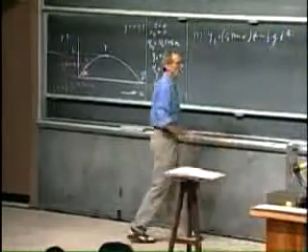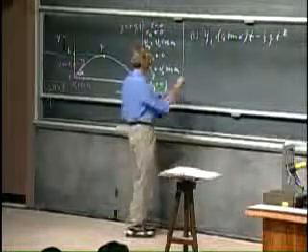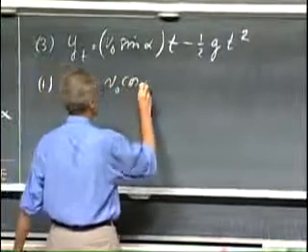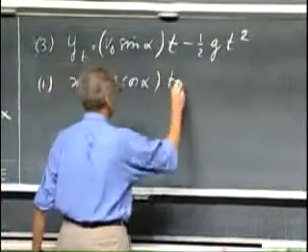That's the equation in y. I go to equation number 1, and I write down x at any moment in time equals v0x times t, so that is v0 cosine alpha times t.